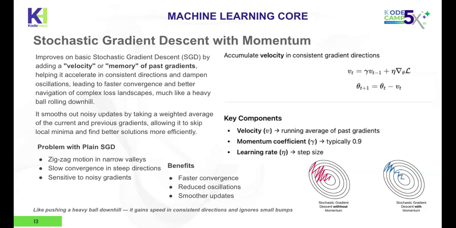Okay, and that gives you the velocity. You apply a gamma factor, the momentum coefficient, which is typically about 0.9, so that the momentum doesn't override it. And that's what you add to the normally calculated gradient that we have seen before with the learning rate. And then that is what you now use to update the parameter, right? So that is stochastic gradient descent with momentum, or sometimes in short, we call it just momentum, right?